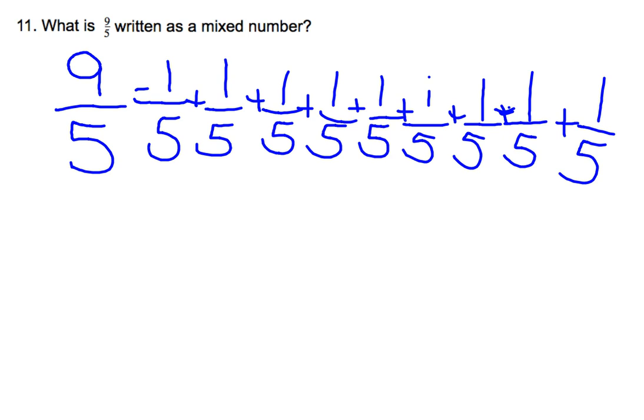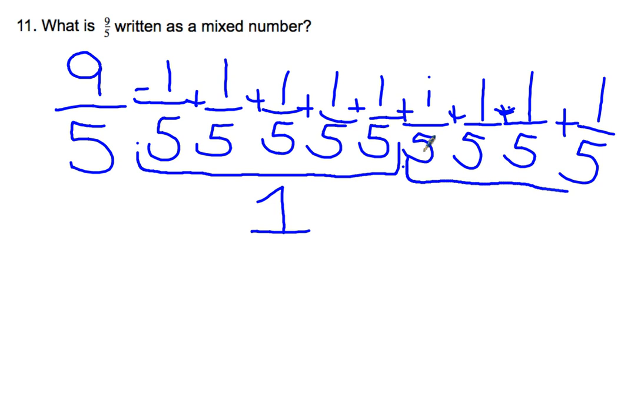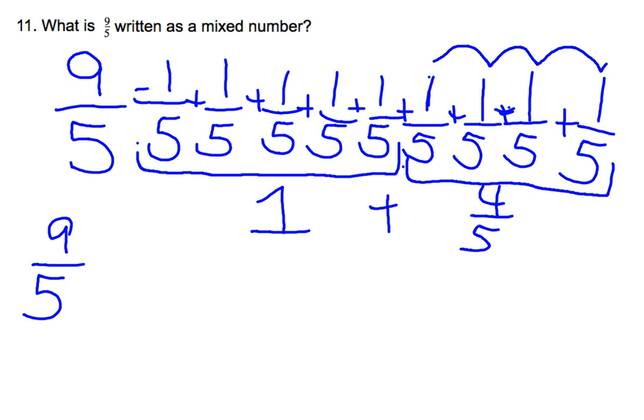So I would do 1/5 plus 1/5 plus 1/5 plus 1/5, 1, 2, 3, 4, 5 equals 1 whole. And then I have 1, 2, 3, 4/5 left over, right? So it would be 1 plus 4/5. So 9/5 would equal 1 and 4/5.